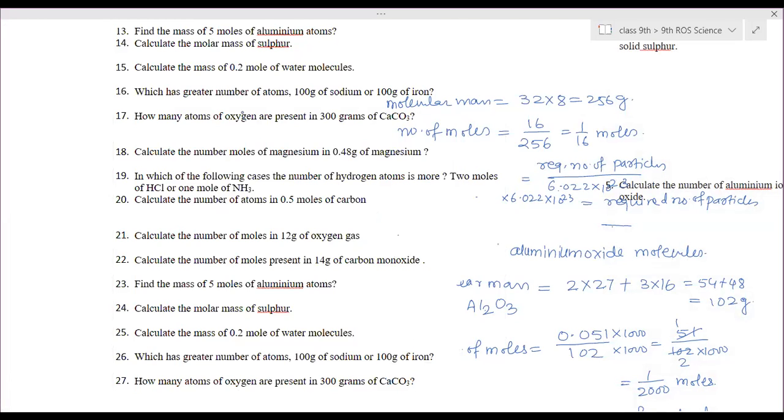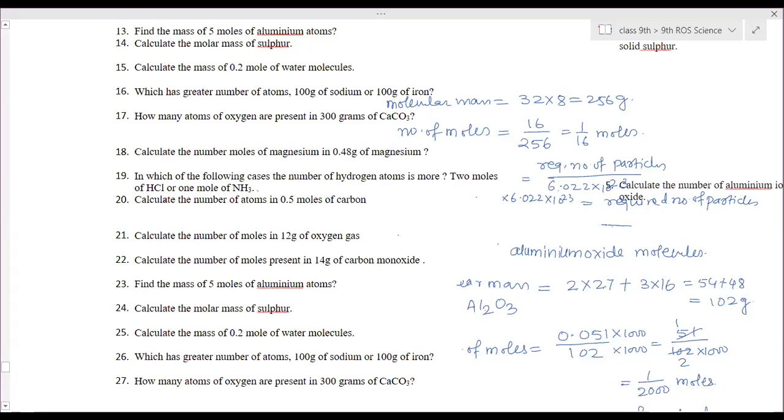Nineteenth onwards: in which case are the hydrogen atoms more? So you have to calculate how many hydrogen atoms. This is 2 moles of HCl. In 1 mole, how many HCl particles are present? 6.022 into 10 to the power 23. That is in 2 moles then? It will be into 2.